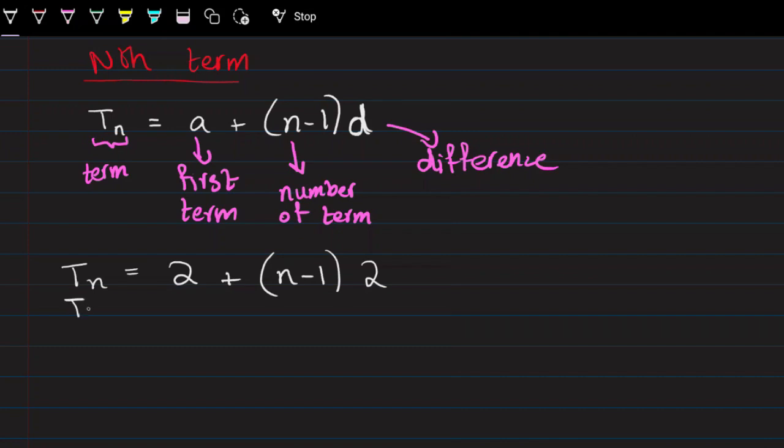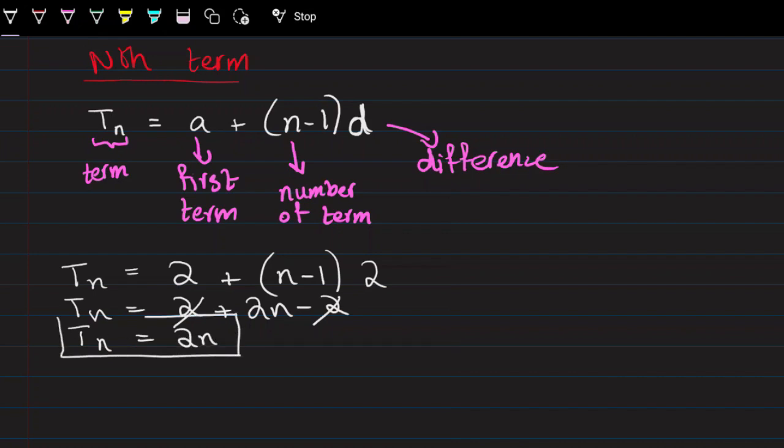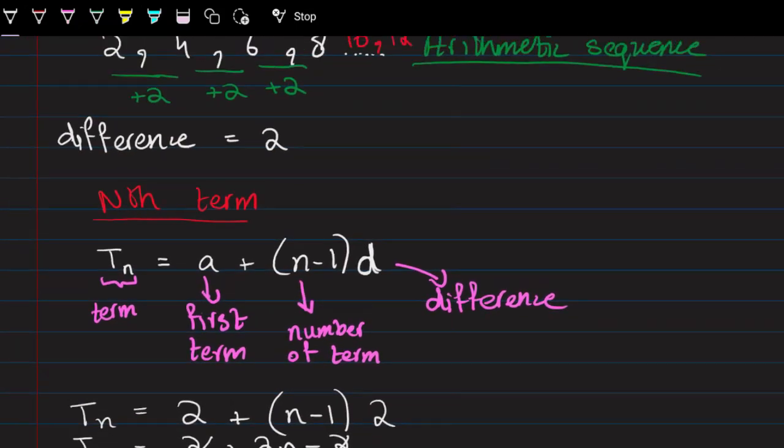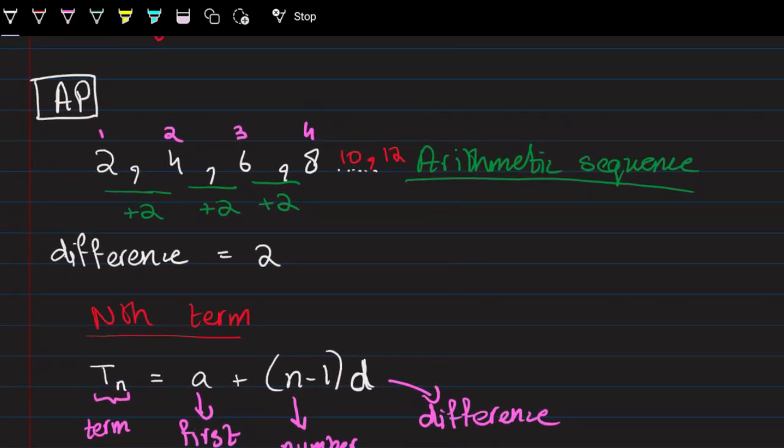Now we can expand everything out. We can say 2 plus 2n minus 2, so this cancels, that cancels, so our nth term is equal to 2n. So what exactly is the nth term? Let's say you have these first four terms, and the question says find the 50th term.